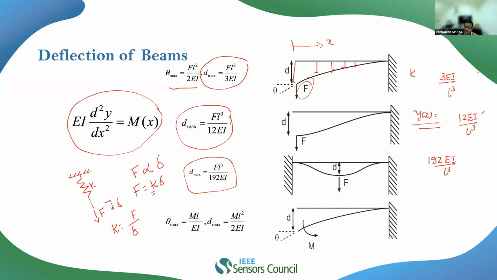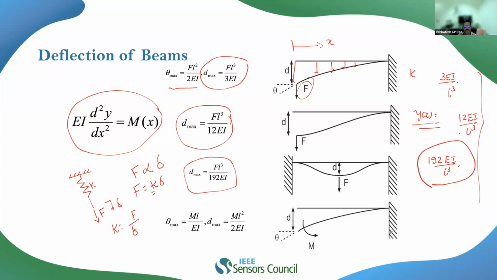Now, compare these three cases: a simple cantilever, a guided cantilever, and a fixed beam. Which one has more stiffness? We can see that the fixed beam has more stiffness. Why is it so?